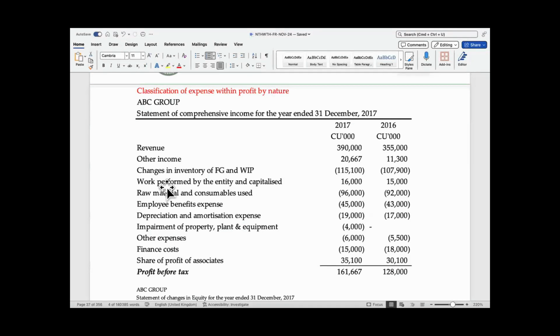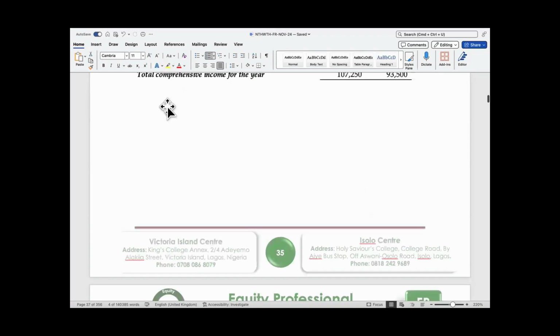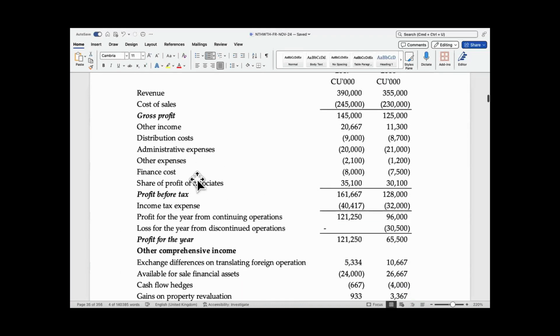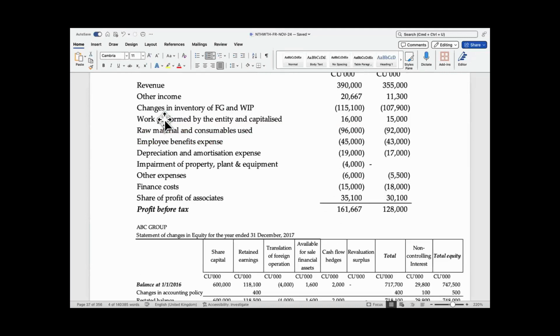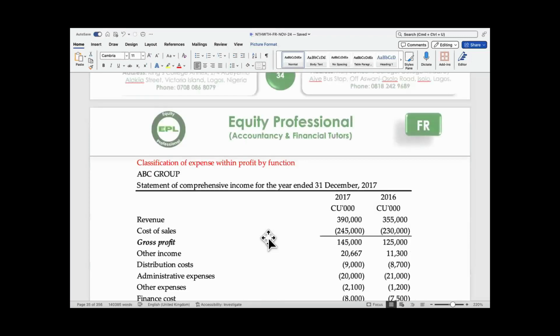It's long. If we see a question that is very long, even if you see something like this, eventually we can still present it this way, because all of these raw materials, work performed, your inventory, you just present them as cost of sales. While all these employee benefit, depreciation, you put them in admin and distribution. So I won't dwell so much on that, but that's your statement of profit or loss.